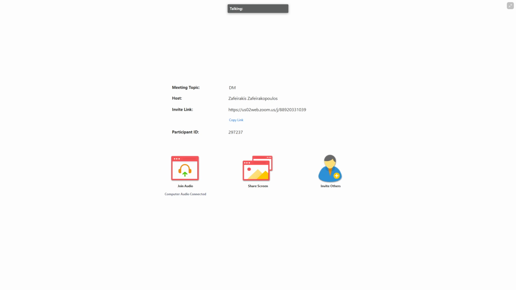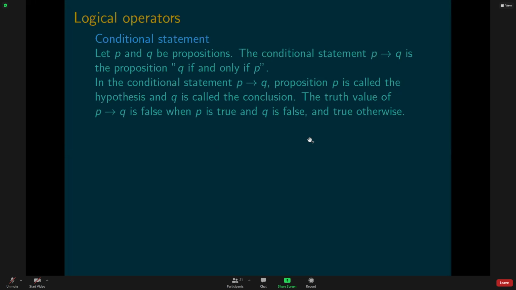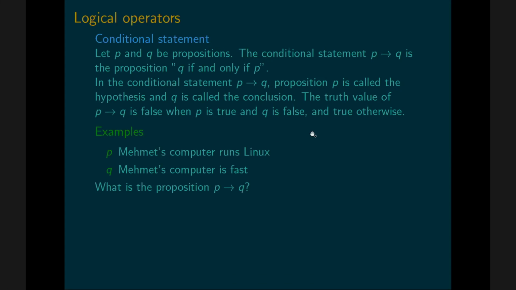Now? I think it's okay, sir. Logical operators. Can you see now? Yeah. It shows the logical operators, right? So can somebody tell me if you can see the slides now? Yes, sir. Can you hear me?